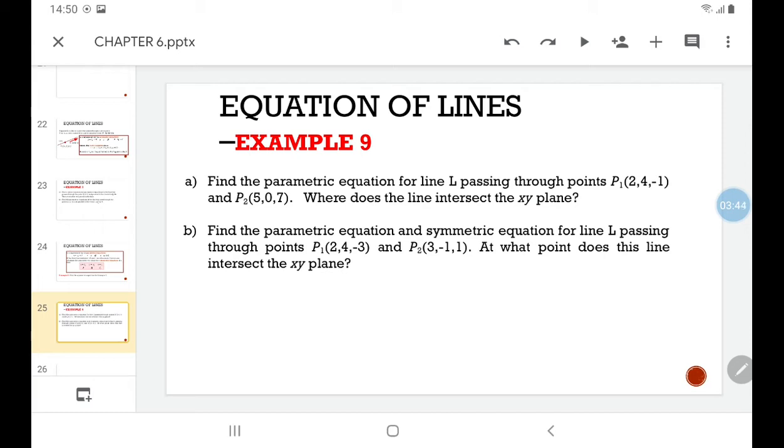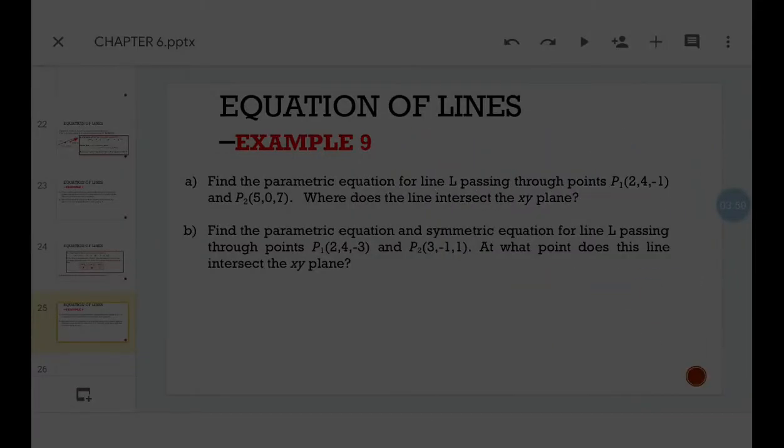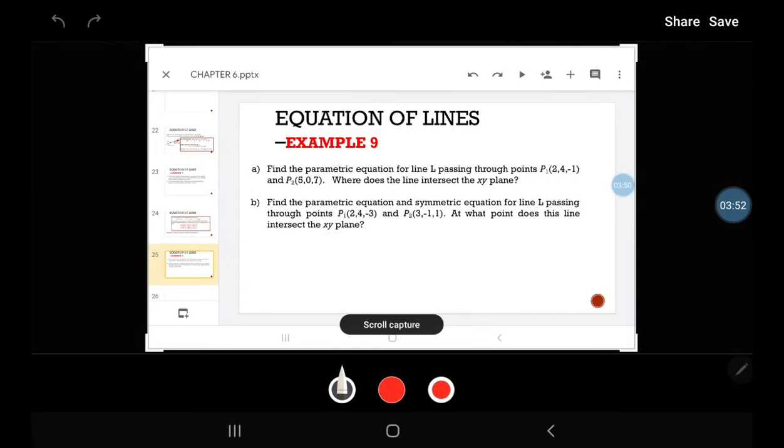Looking at this question, to find the parametric equation we must have the vector and the point, but here we only have points, no vector.